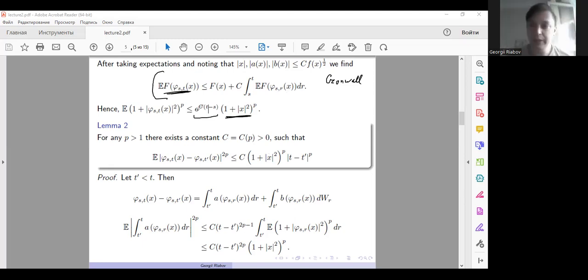Okay, so we obtained some estimate on the expectation of the norm of the solution phi.